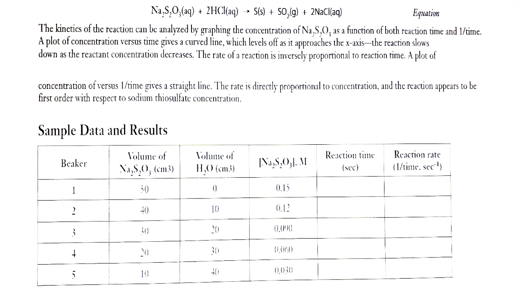So in the first reaction, when we used 50 centimeter cube of sodium thiosulfate diluted with 0 centimeter cube of water, that is no water, and we had hydrochloric acid that was a constant variable, that is 25 centimeter cube.